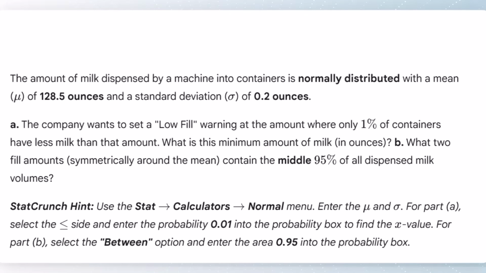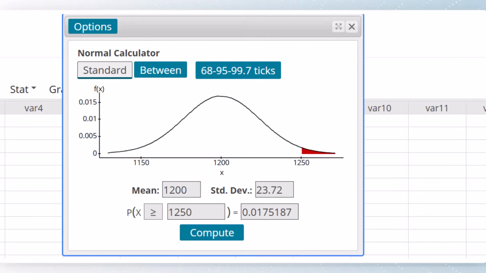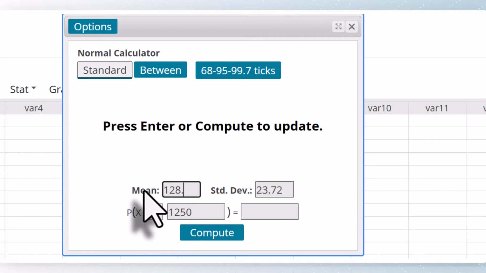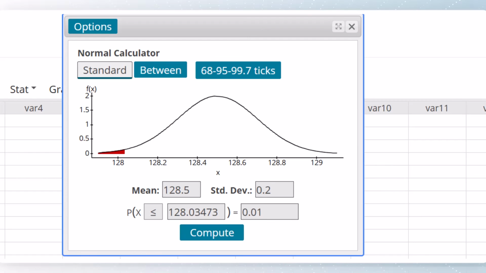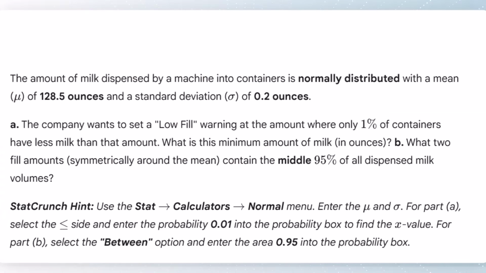So less, it's toward the left. All right.